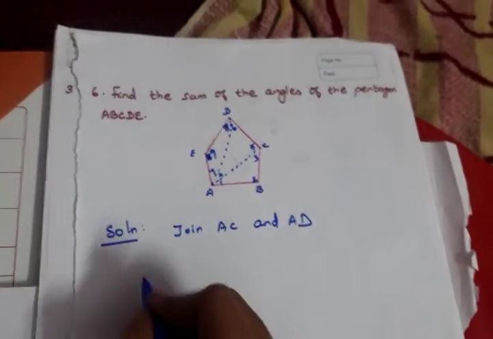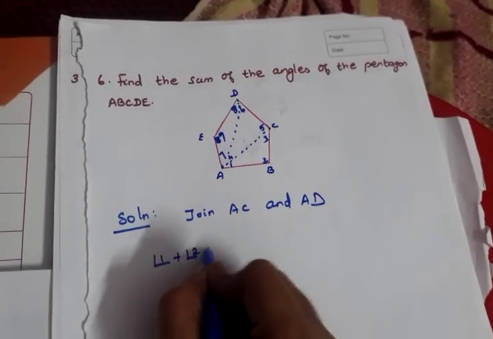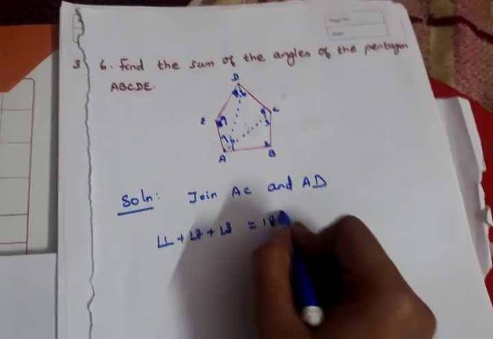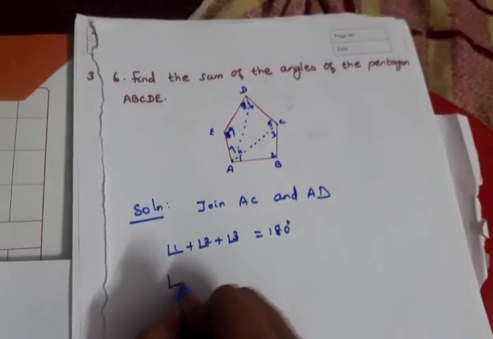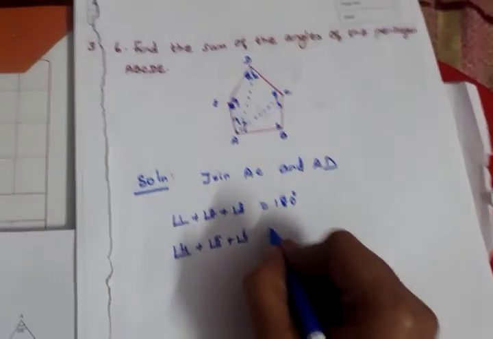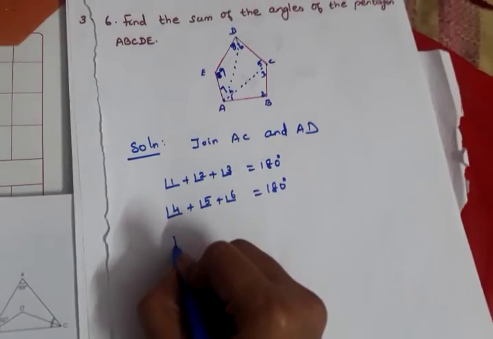Angle 1 plus angle 2 plus angle 3 equals 180 degrees. Angle 4 plus angle 5 plus angle 6 equals 180 degrees.